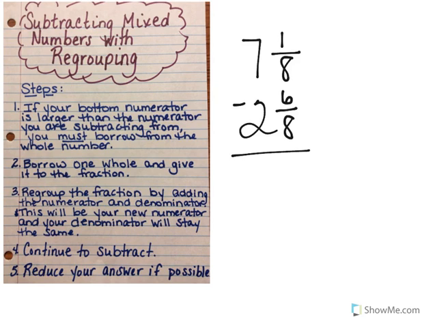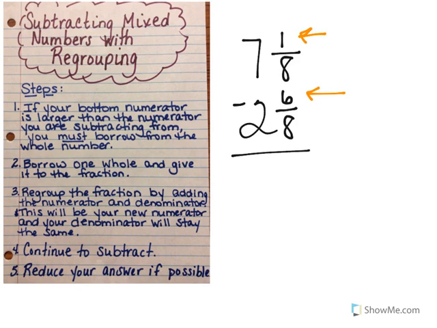Now let's take a look at subtracting mixed numbers with regrouping. That is just when you have to borrow, when you don't have it in a proper way to go ahead and subtract. The first step is if your bottom numerator is larger than the numerator you are subtracting from, you have to borrow from the whole number.